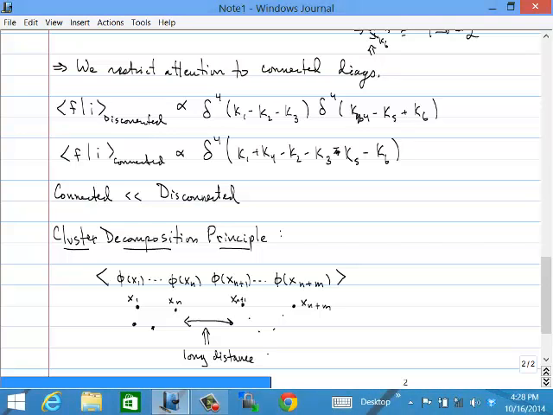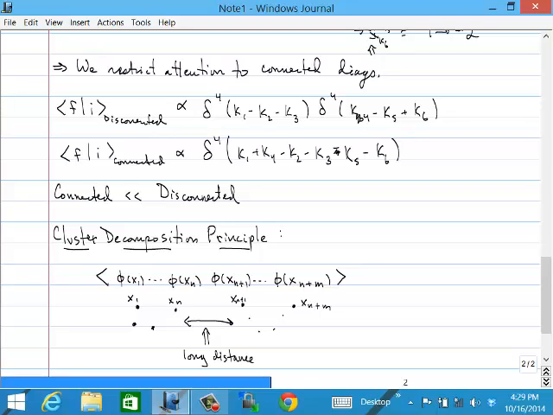So for example, x1 up to xn could describe some scattering experiment that was done in the 1950s, and xn plus 1 up to xn plus m is some scattering experiment that was done yesterday at CERN. Okay, sorry, the LHC is off. No, it's on. It's back on. No, it's off.